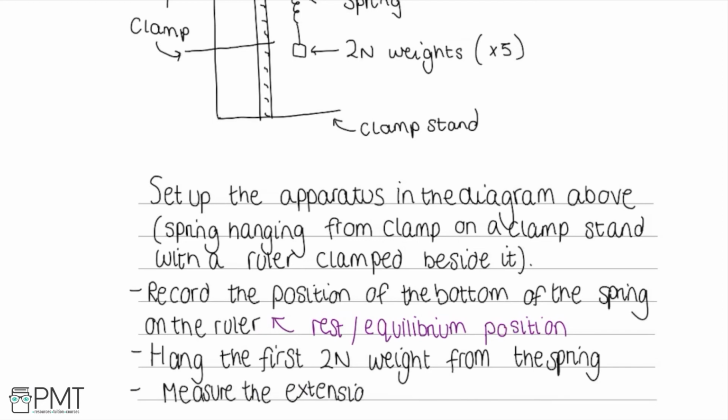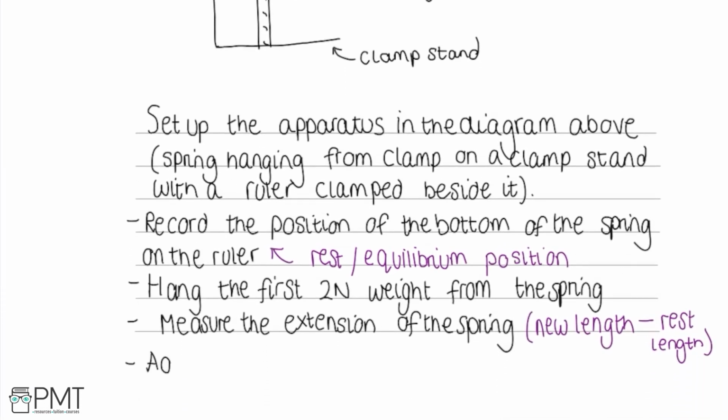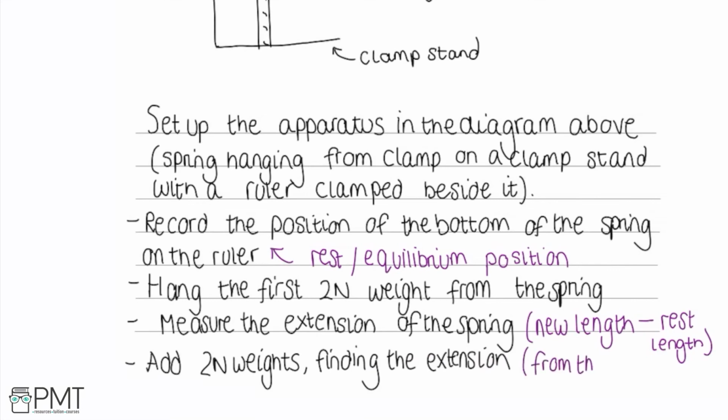And I can then do this for every next multiple of 2 newtons, so adding a 2 Newton weight each time until I get up to this final value in the table of 10 newtons. And then I'm going to measure the extension from the initial position each time, so doing that subtraction, and that's going to give me the extensions in the right hand column.